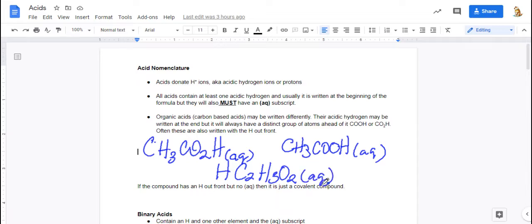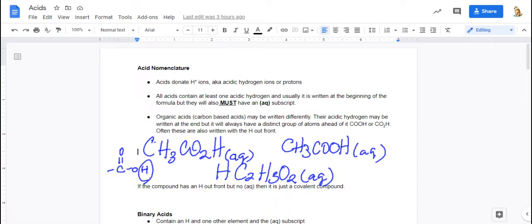So sometimes these are all the same compounds, just sometimes the H is at the back, or it can be put up at the front, just like regular acids are. Now, this CO2H is a specific functional group for organic acids, and basically it looks like that, and that H here is the one that's acidic and pops off.